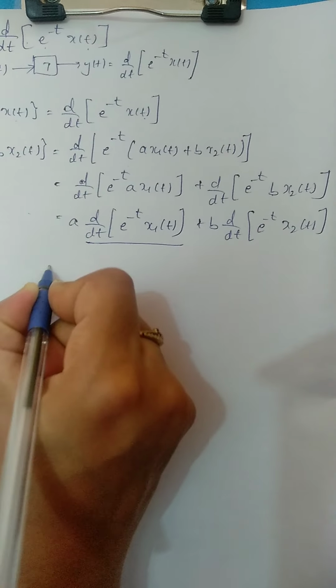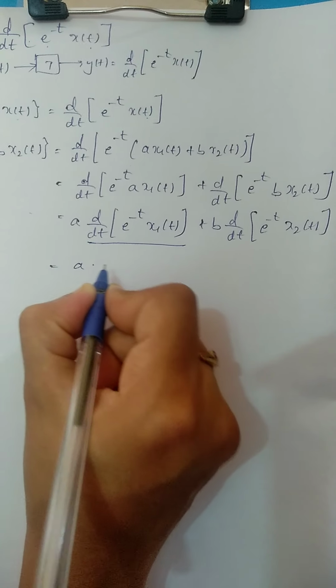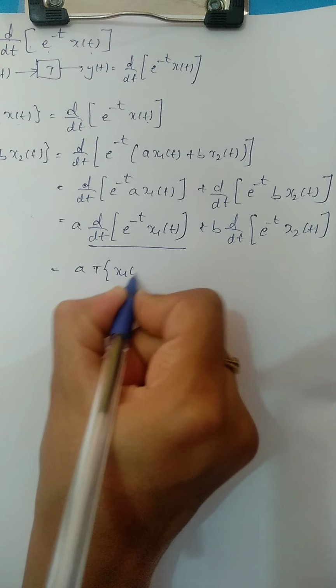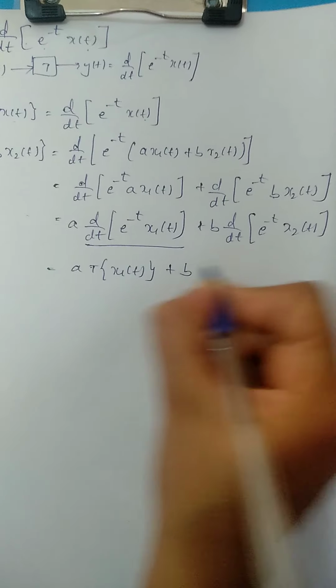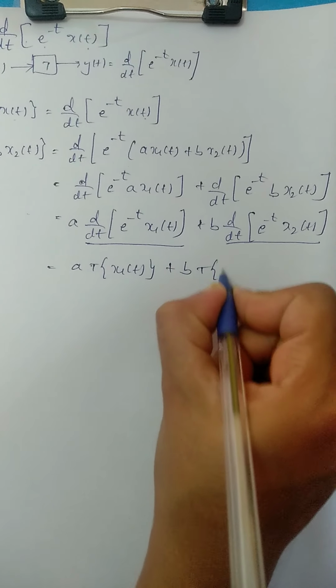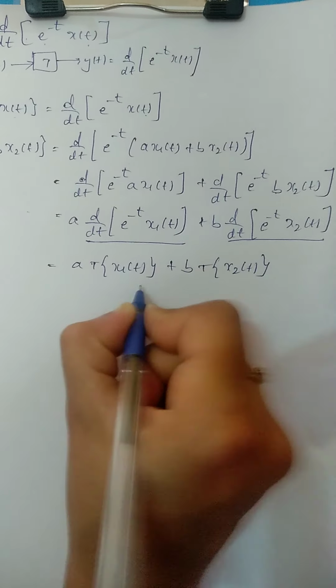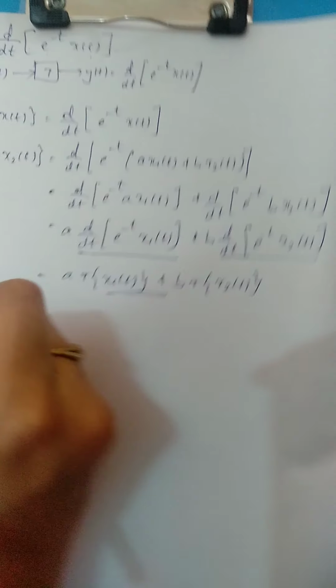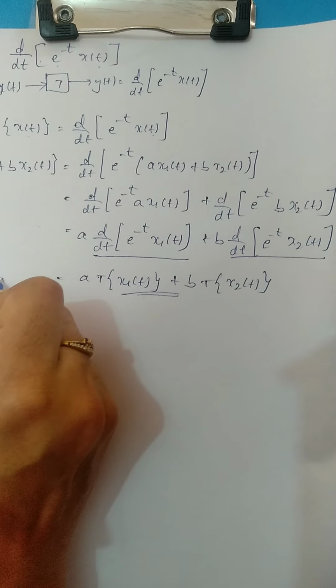This can be written as a T[x1(t)] + b T[x2(t)]. So if this equation is satisfied, we can say that the system is linear.